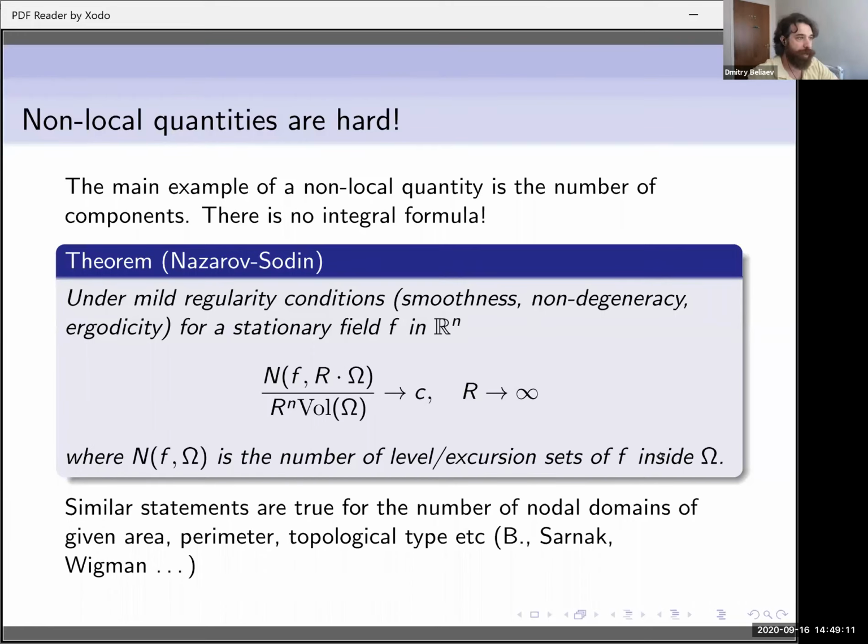So for a very long time, virtually nothing was known about the number of connected components.